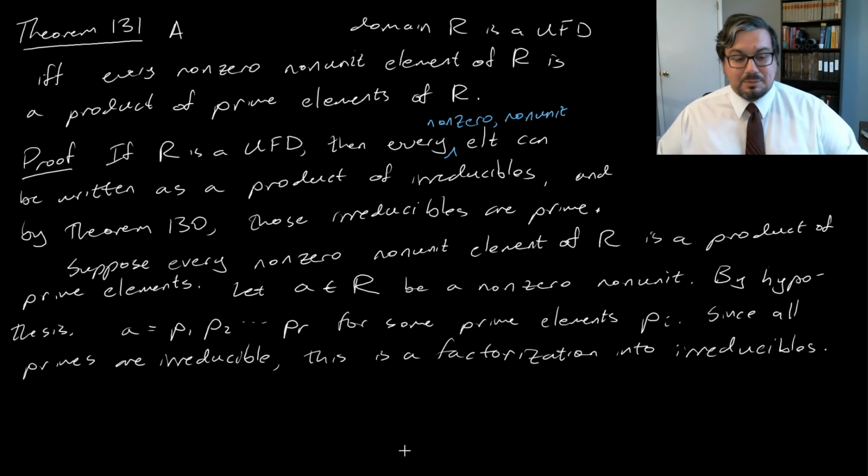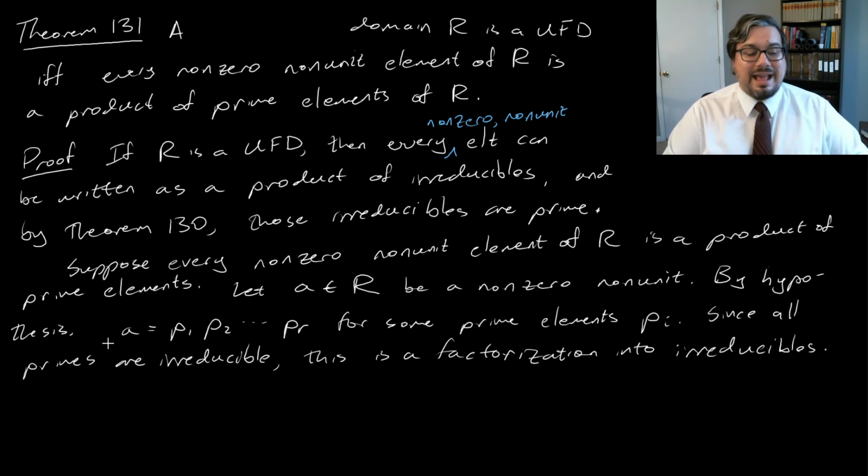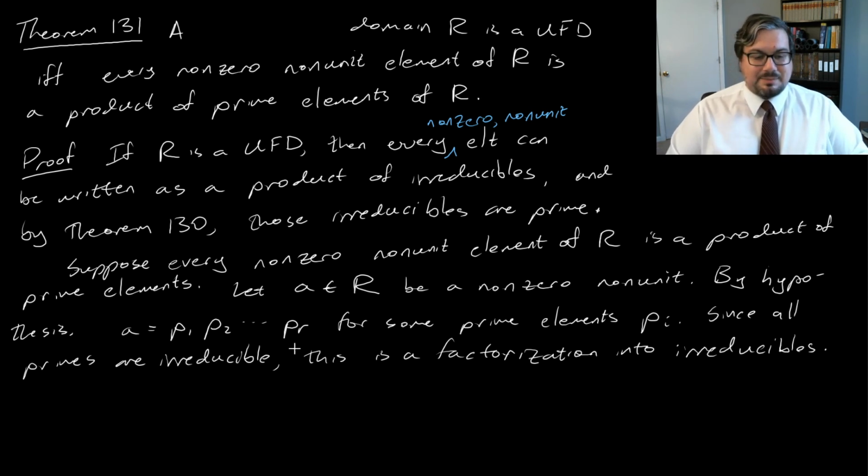Now we need to check the uniqueness part. And here's where we need to be a little bit careful, because the uniqueness part of the definition of the UFD says that if I have any two factorizations into irreducible elements, then they have to be the same up to reordering and associates. So we're going to handle that by assuming that A has another factorization, but we can't assume that this other factorization is into prime elements, only into irreducible ones, and we'll show that that factorization has to essentially be the same as the one that we started with, as the P1 through PR.